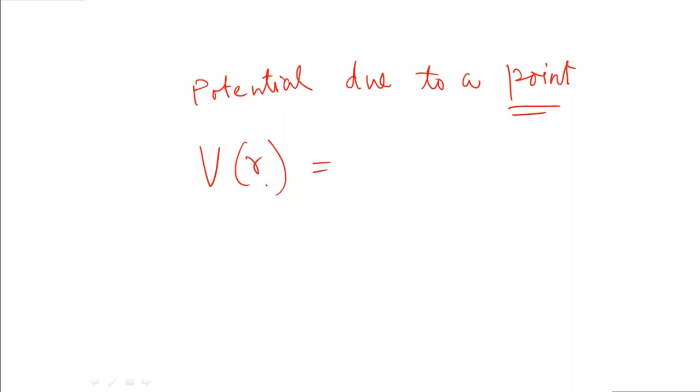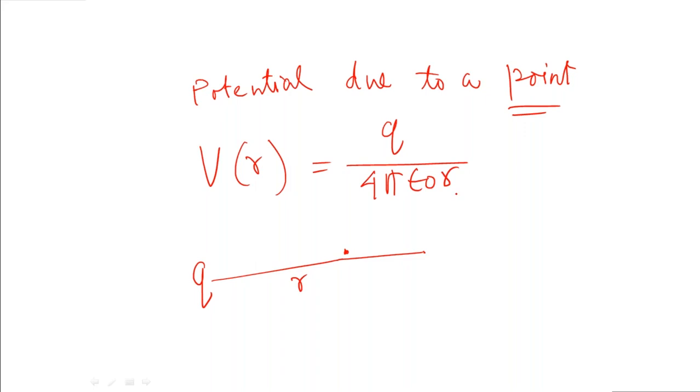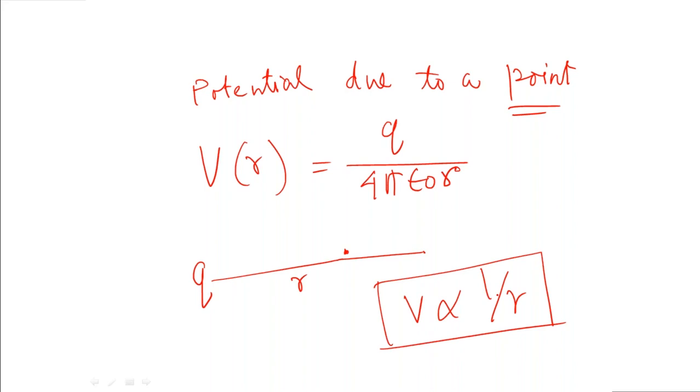If the charge Q creates a potential at distance r, how much potential will it create? It will create a potential that is Q by 4 pi epsilon naught r. If it is r2, then it will be r2 over here, r1 over here. So potential depends on distance inversely. That is what we had discussed.